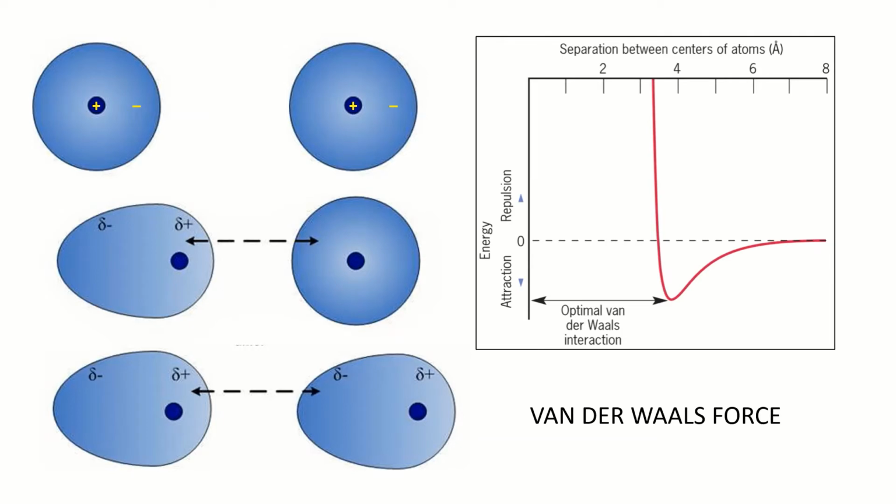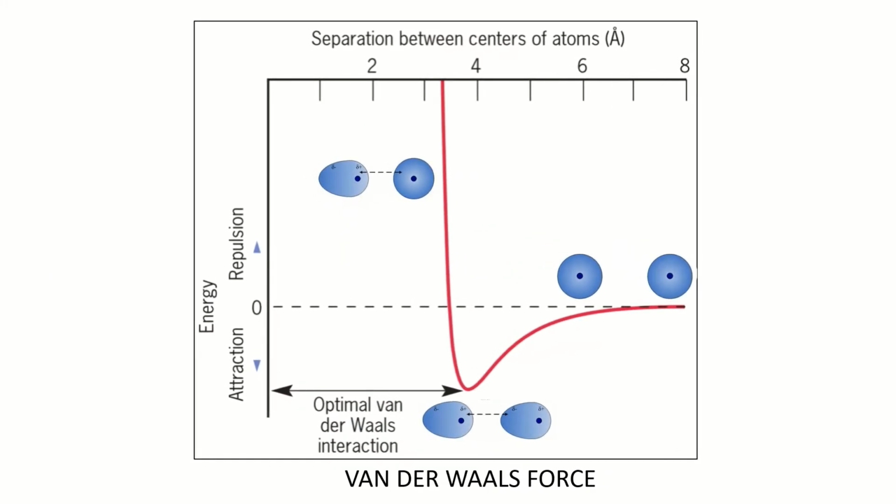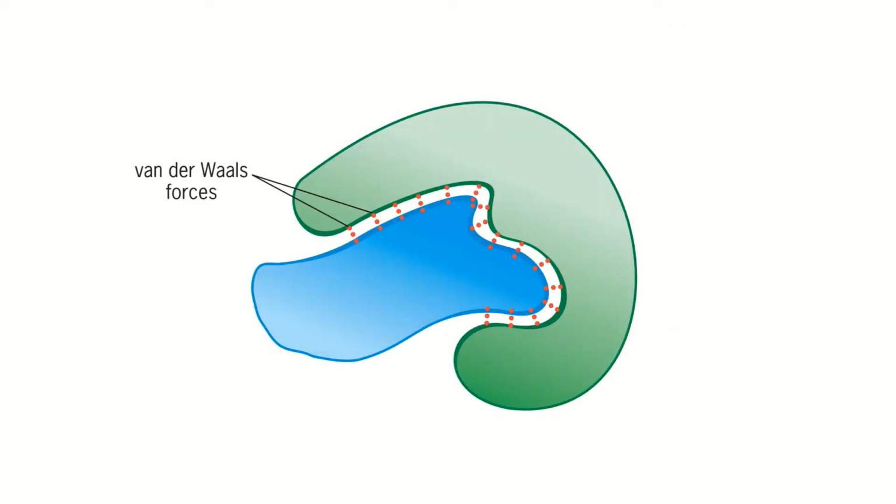So we can see in this particular graph that if you put two atoms really closely together, they will repel. And if you put them at just the right distance, they will attract. And if you put them farther away from each other, there will be no interaction between them at all. And this van der Waals force is actually at work every time an antibody sticks to an antigen.